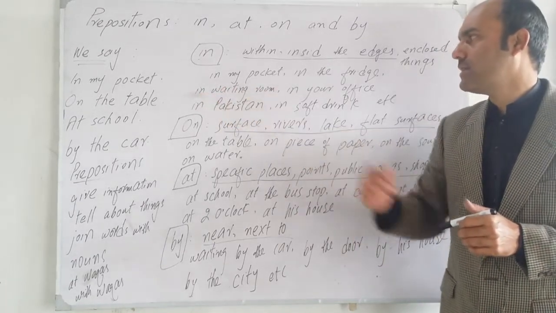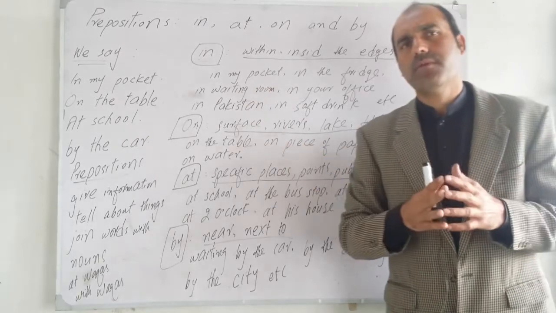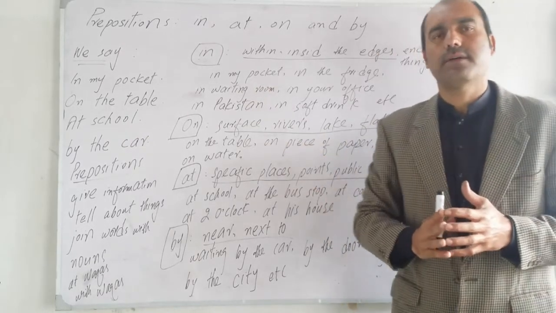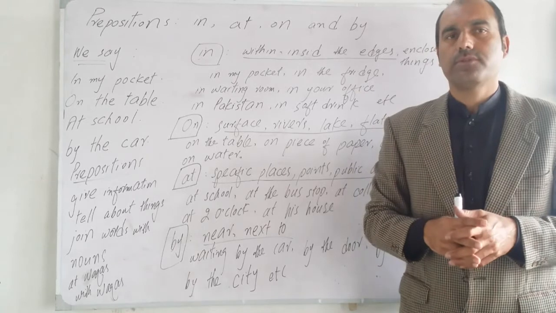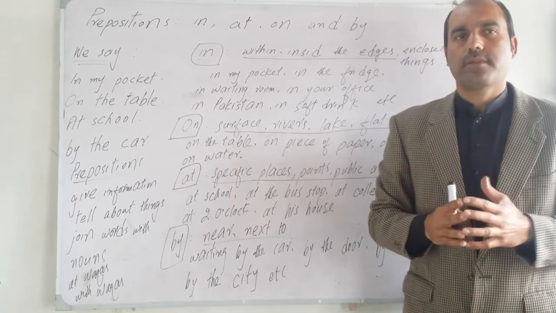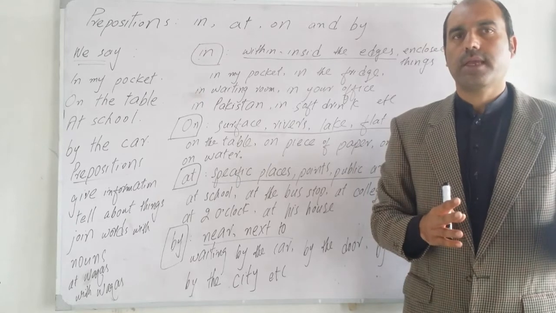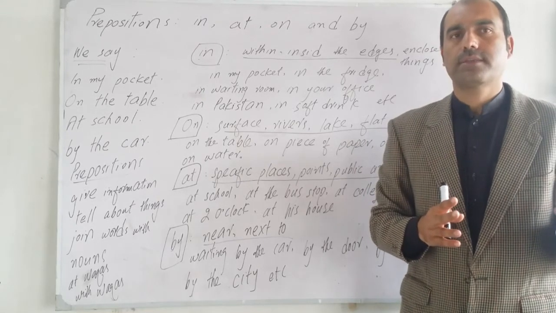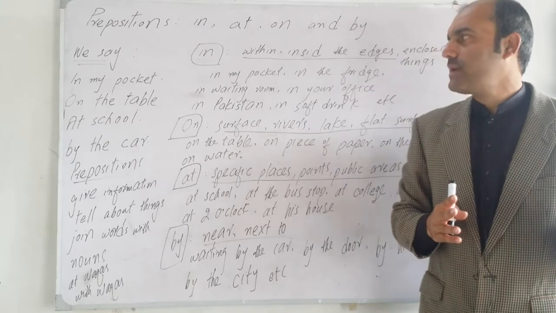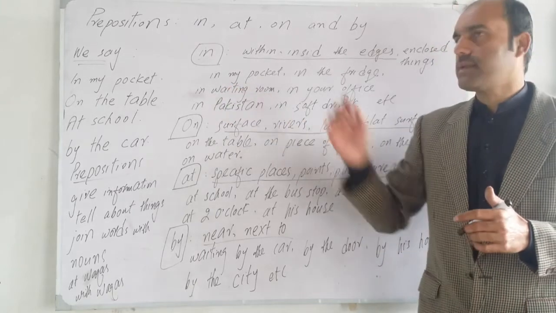In the waiting room, for example: you have a friend and he came to meet you, and one of your brothers comes to you and says that your friend is waiting. Your friend is in the house, in the waiting room.